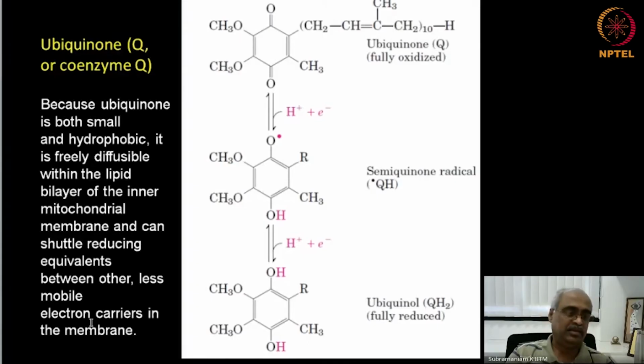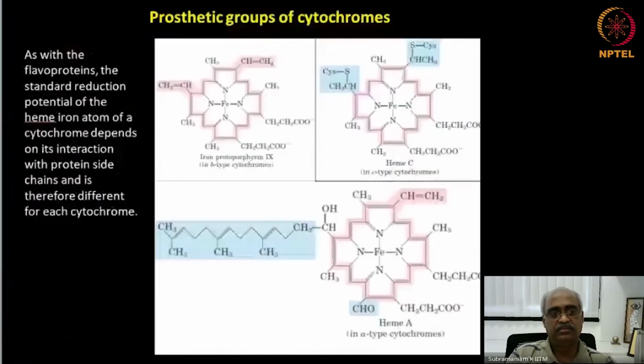I may not say immobile, considering the fluidity of the biological membrane. So they are not going to transport from one to the other. Usually ubiquinone is the one that does that job.